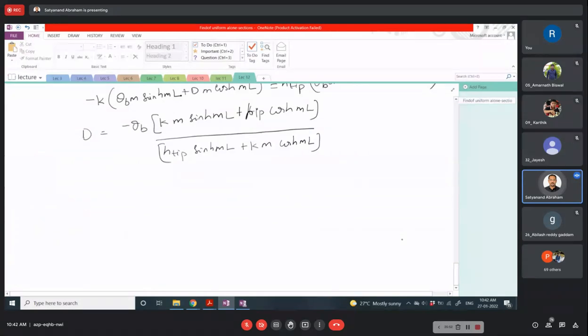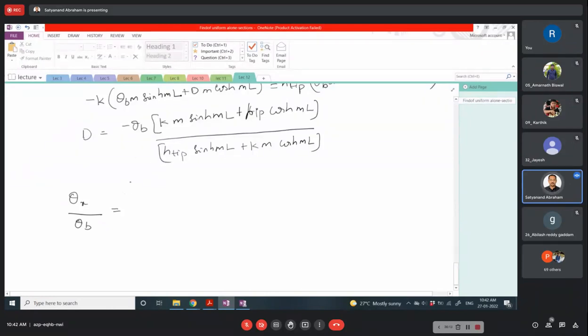So now we have c as well as d. C is theta b itself, and d is going to be this big equation. Putting it back into the equation, theta by theta b is equal to, I'm not going to show the intermediate step, it is very simple, you just have to rearrange it.